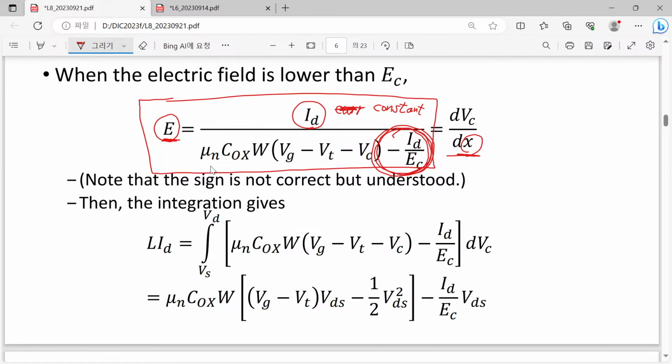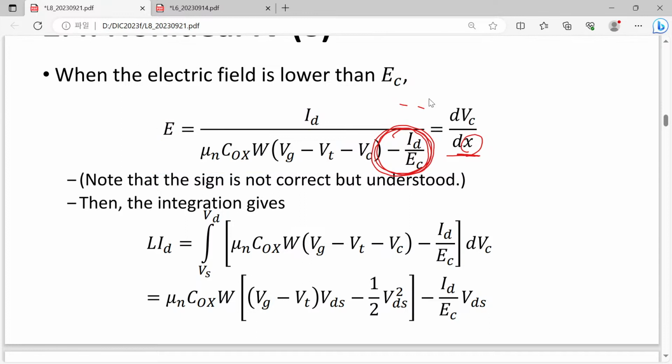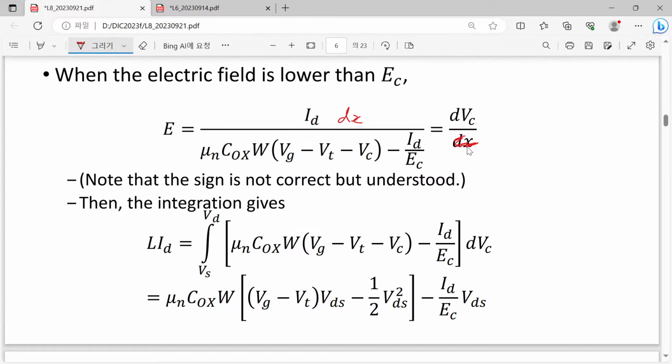Let me erase all of these dirty things. Then we can send dx here, and we can send this guy over there.